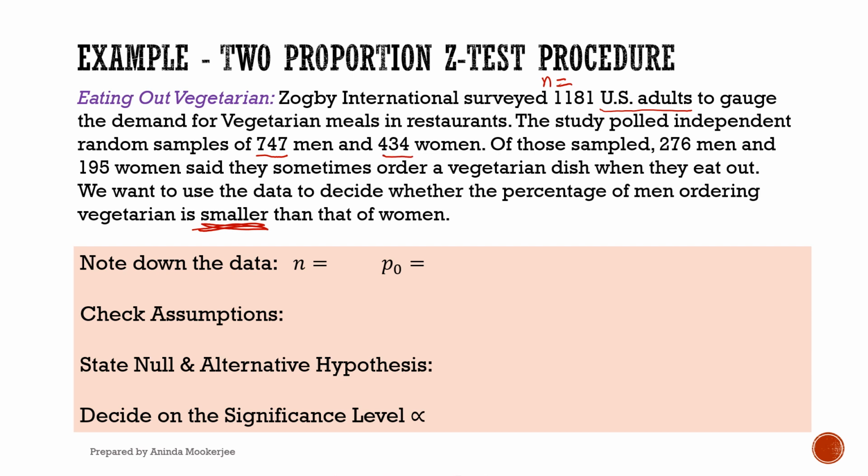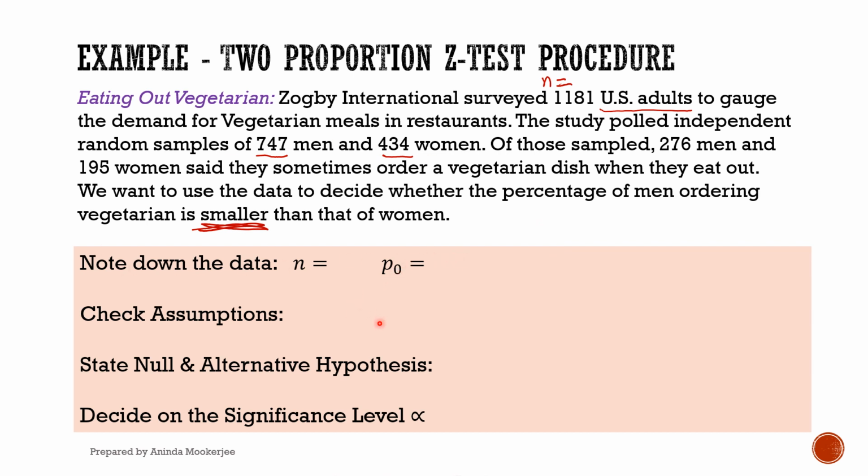And these two values should add up to the 1181 number. Of those sampled, 276 men and 195 women said they sometimes order a vegetarian dish. And based on that data, we will have to determine whether men order less frequently than women.